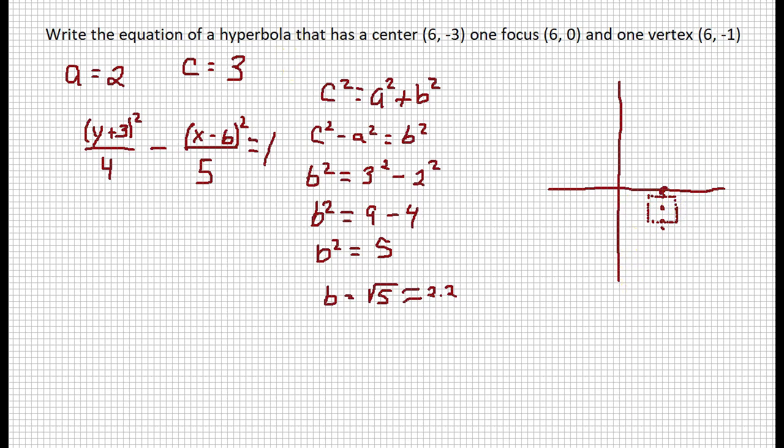We can put on our asymptotes. Let me just change colors for the asymptotes. I like my asymptotes to have a different color. Okay, connect here. Get my asymptotes on here.